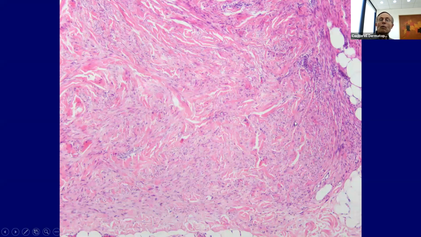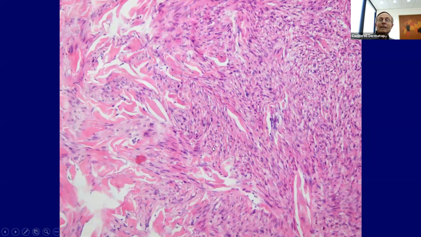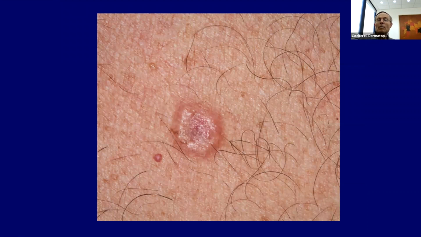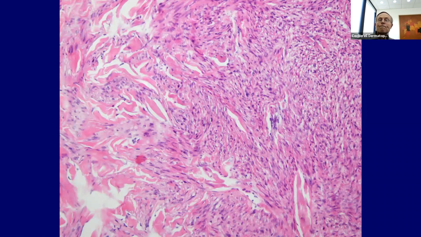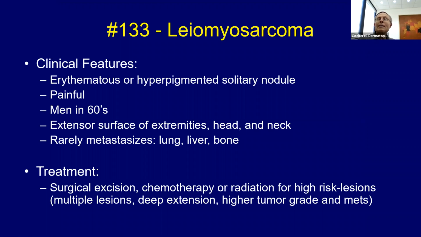These cells are hyperchromatic, there were some mitotic figures in here, and there's a little bit of atypicality. We only had a punch, but this was more diffuse, more poorly circumscribed, and it's got mitotic figures in it. So the diagnosis in this case is a low-grade cutaneous leiomyosarcoma. Some people even call these things atypical leiomyomas.